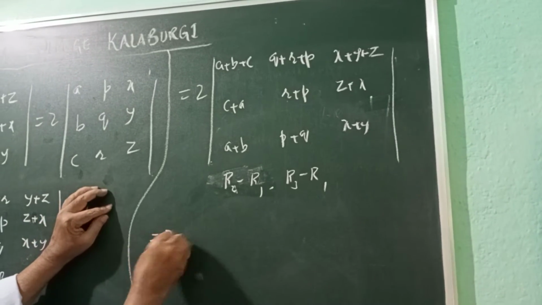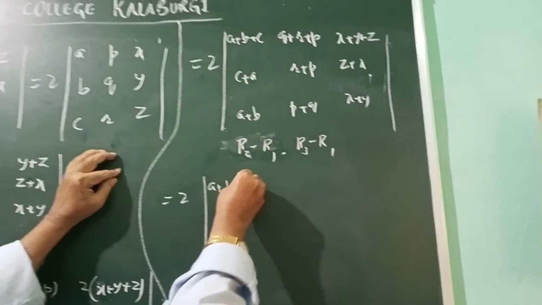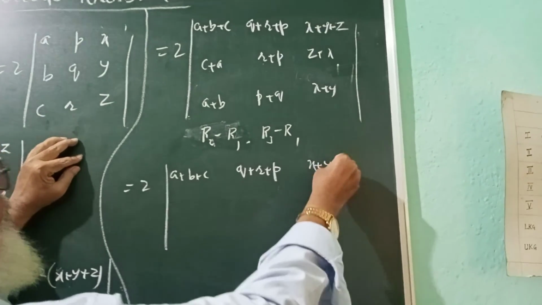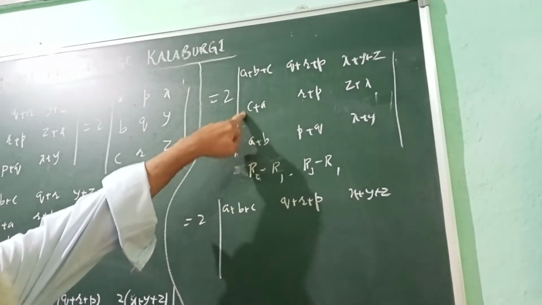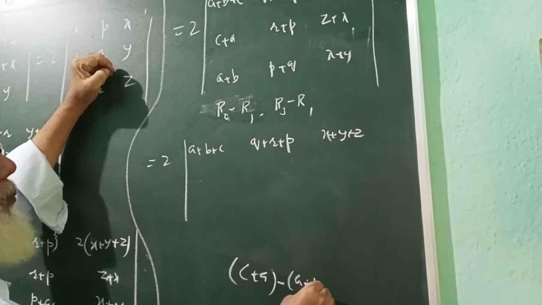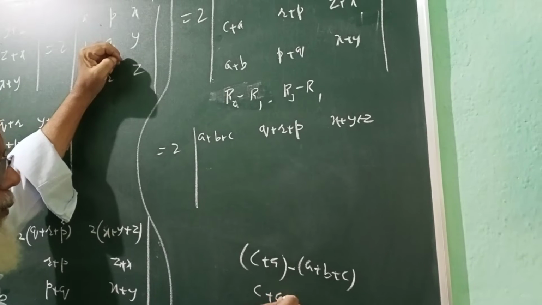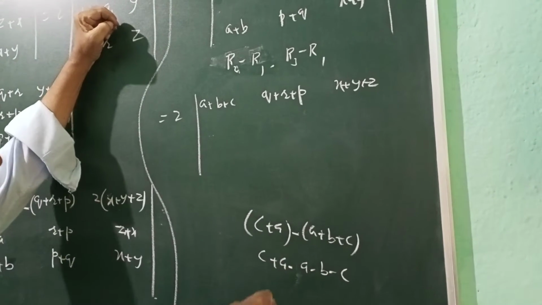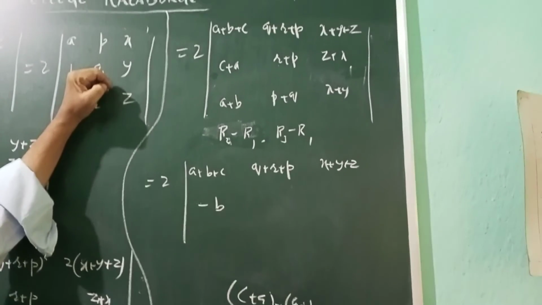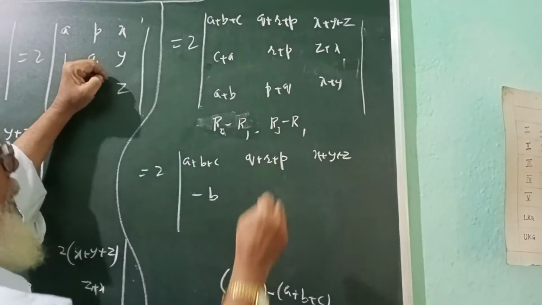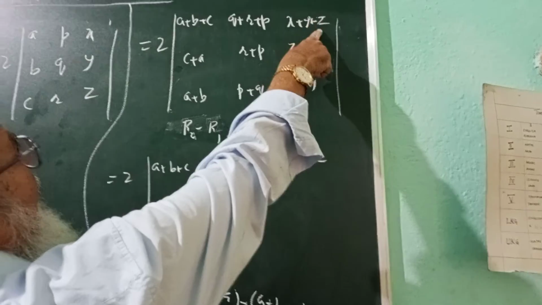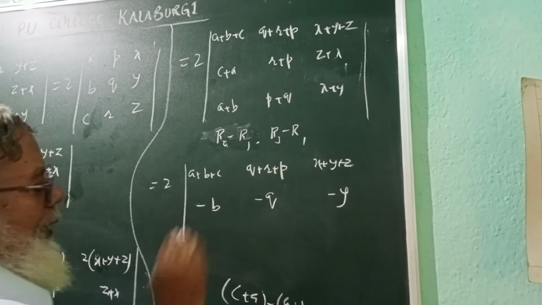So that will be here 2 times A plus B plus C, Q plus R plus P, X plus Y plus Z. Now see here, C plus A minus A plus B plus C: C plus A minus B minus C, the C plus C get cancelled, and you get minus B. Similarly, R plus P minus this one, we get minus Q. And here Z plus X minus this one, what we get is minus Y.